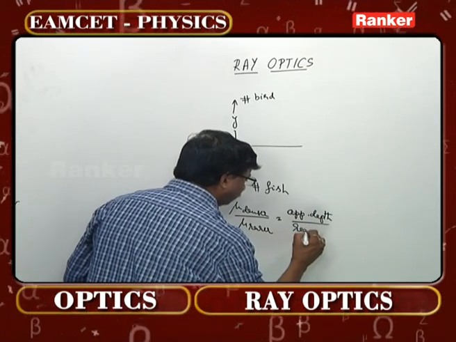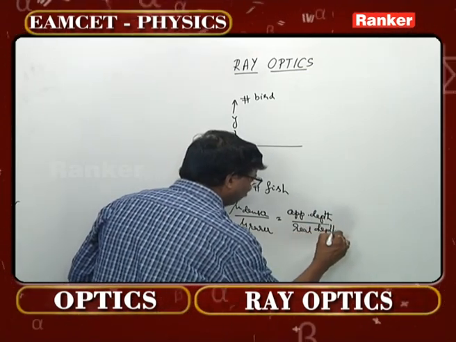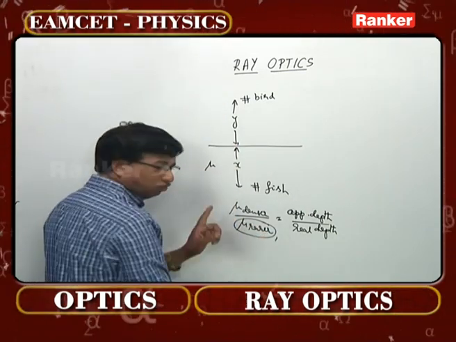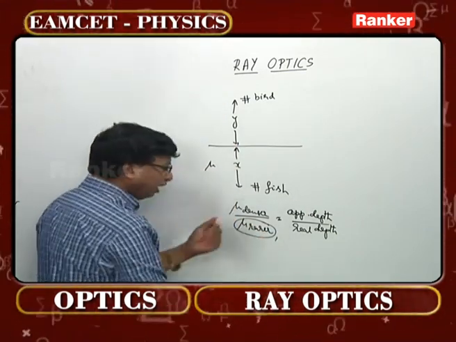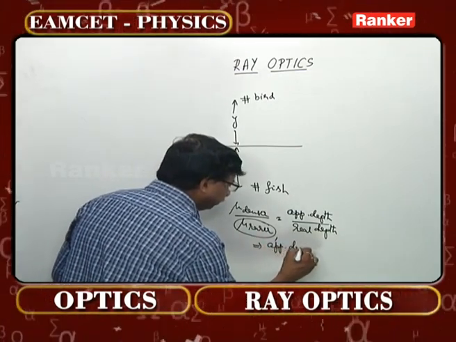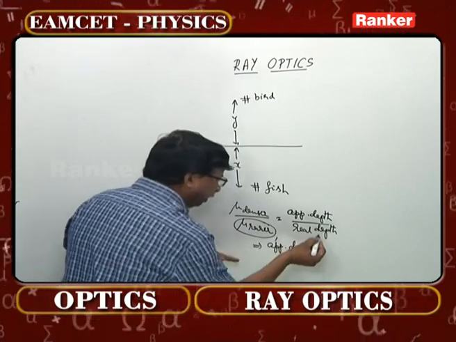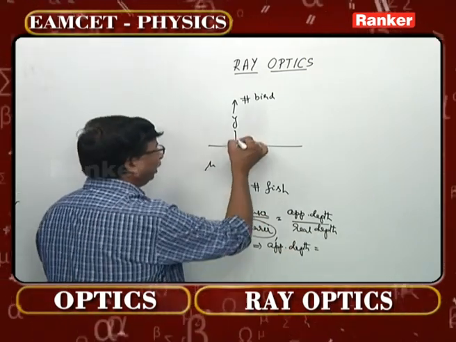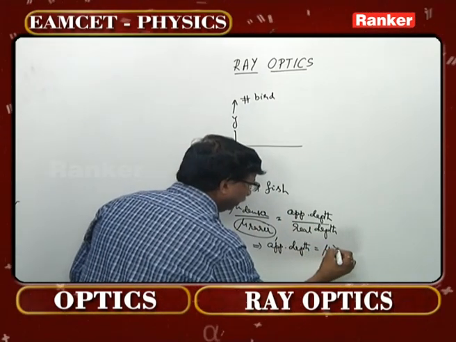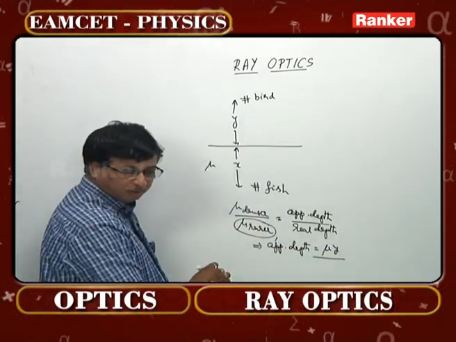That is actually the concept. You can definitely understand mu rarer is mu of air, whose value is 1, we all know. Then what will be the value of apparent depth in this particular problem? Real depth into mu. What is the real depth of that bird? It is y. Therefore, it is mu times y.